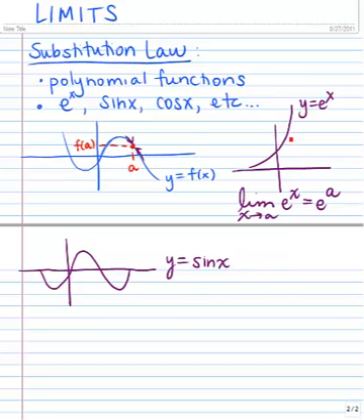Meaning, again, if I pick a value for the input, the output and the limit of the function are the same when your function is nice. So here, for instance, you can see this nice result.